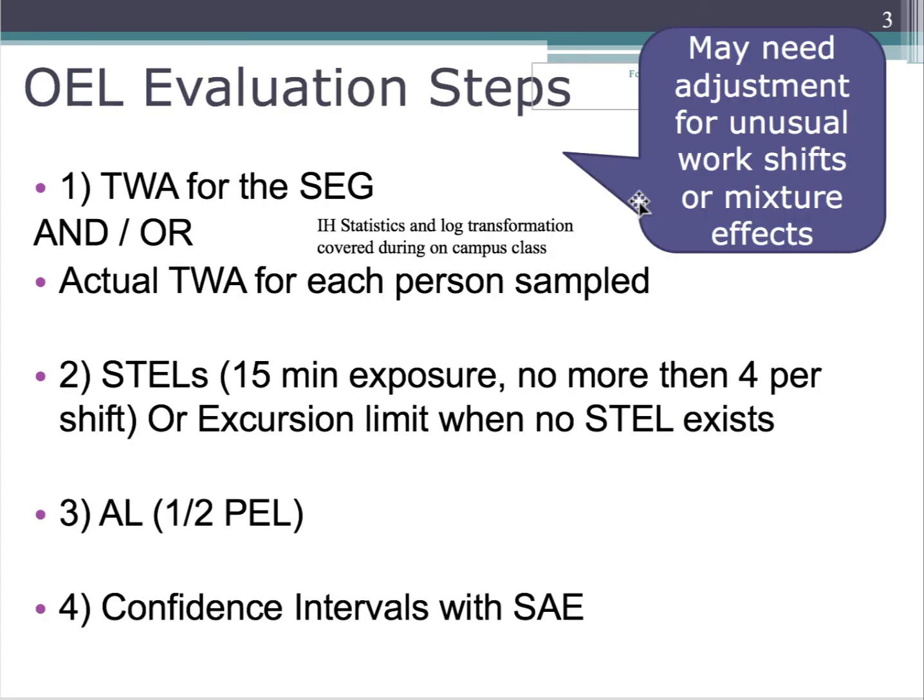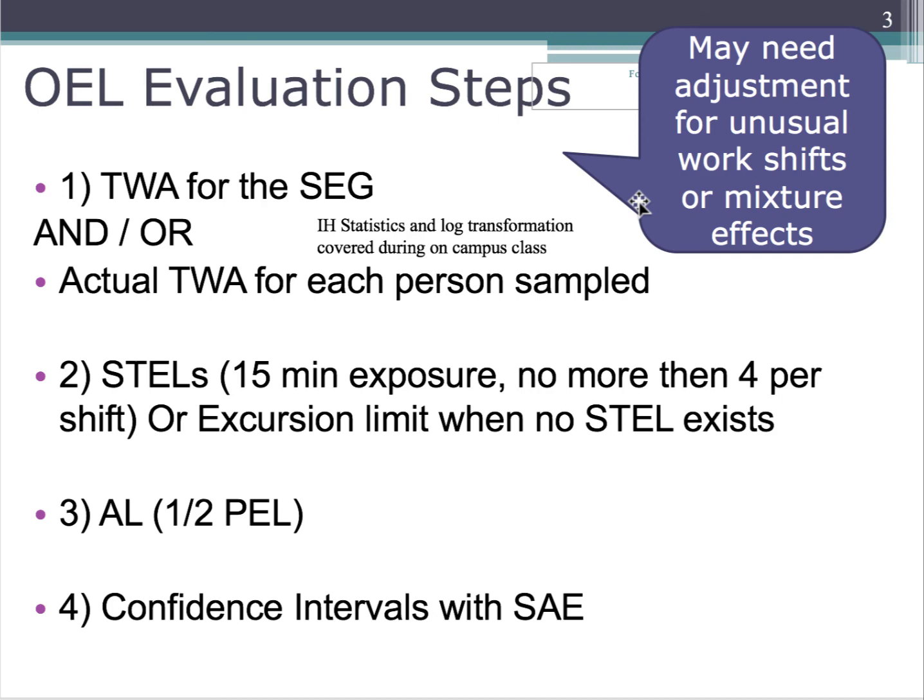So some steps in evaluating somebody's exposure to an occupational exposure limit would be, after sampling, of course, to calculate the time-weighted average for the similar exposure group or calculate the actual time-weighted average for each person.